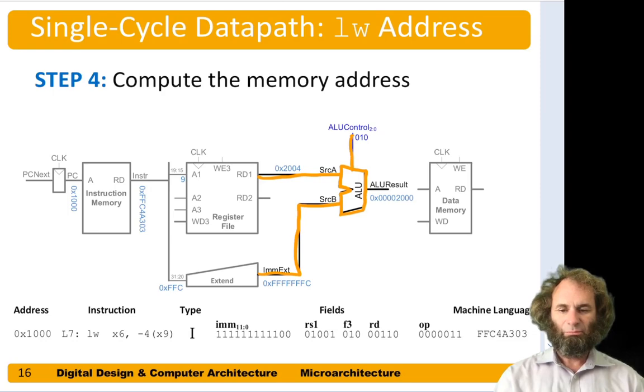So let's provide an ALU control wire to say what the ALU should do. If we think back to chapter 5 where we defined the ALU, the code 010 meant add. So then the ALU will put out a result. That's the sum of 2004 and -4, which is 2000. That's the address that we want to load from.